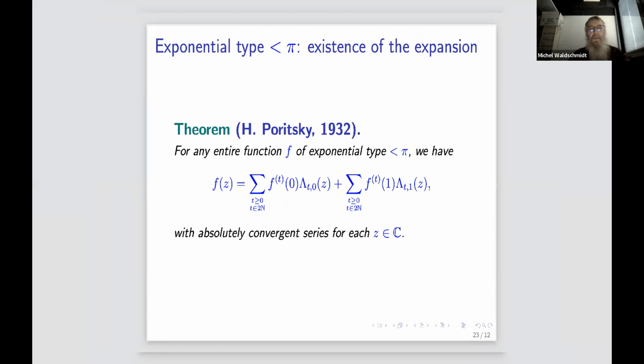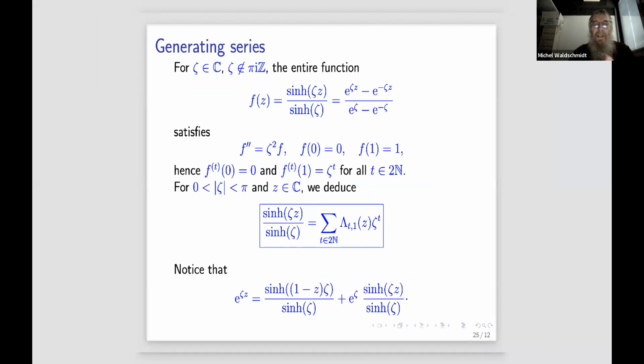And this is a consequence of an expansion due to Poritsky. Any entire function of exponential type less than pi can be written as an infinite sum of ft of 0 and ft of 1, where the t is an even number. So I go fast because what I want is to explain that this holds in several variables.